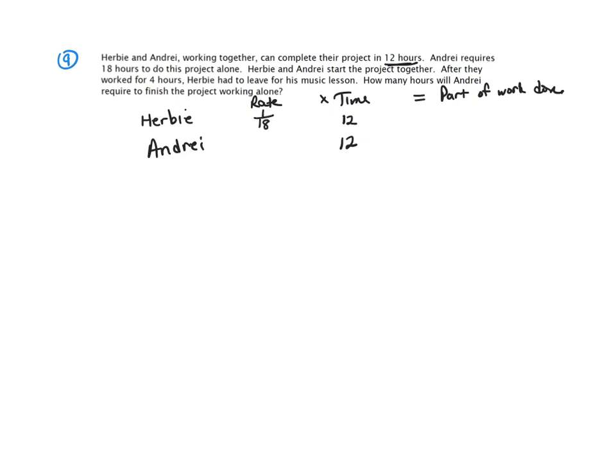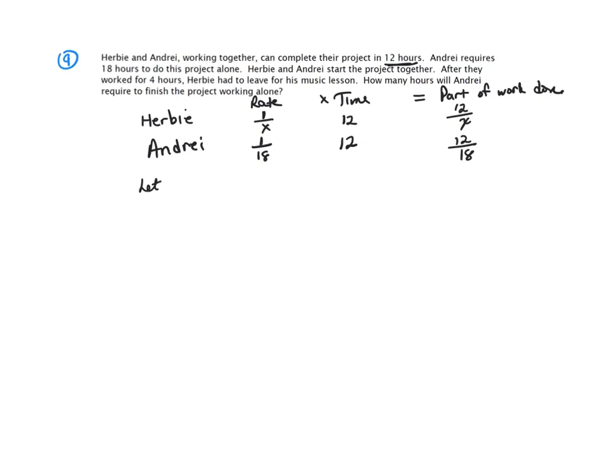So the only thing missing here in order to find... Oh, I'm sorry, that's Andre's rate. So the only thing that's missing here is to get Herbie's rate. So let's call that 1 over x. I mean, that seems to be important in the second part of the problem. So we'll have 12 over x for the part done by Herbie and 12 over 18 for the part done by Andre.